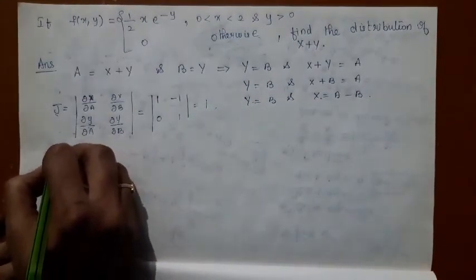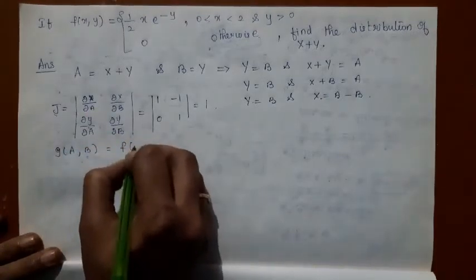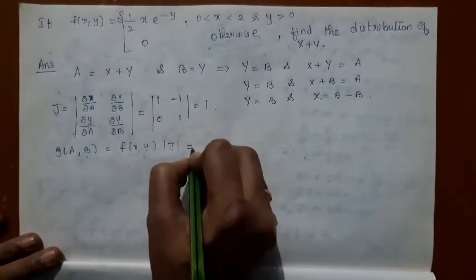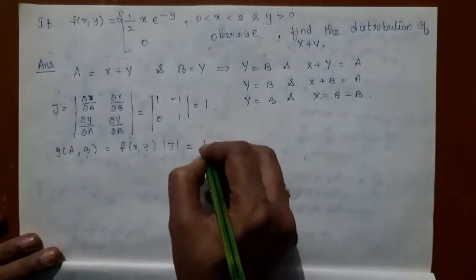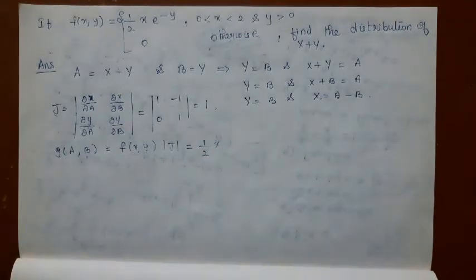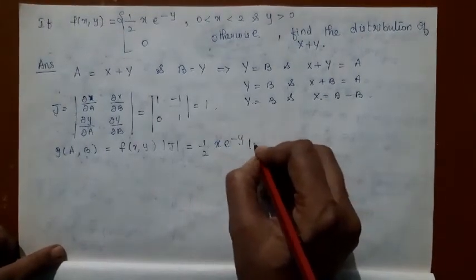Now g of a comma b is f of x comma y into Jacobian of transformation, 1 by 2 x into e power minus y.